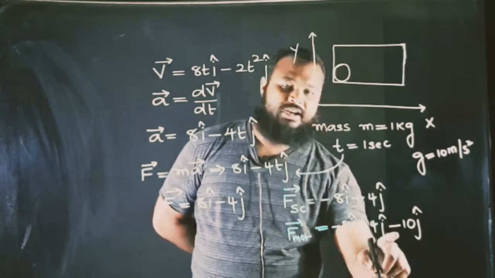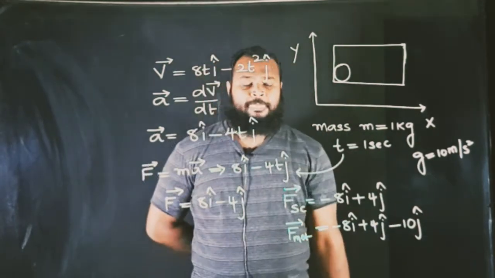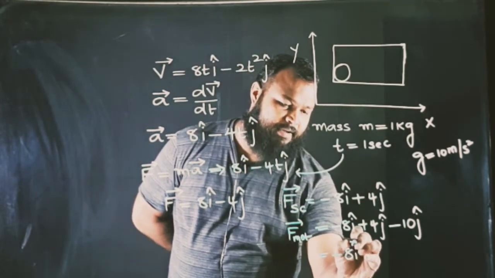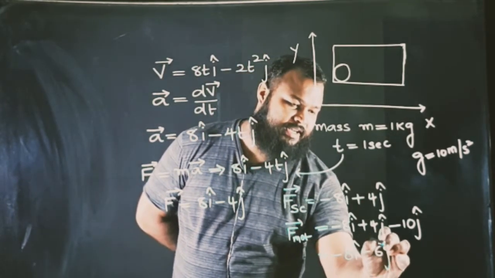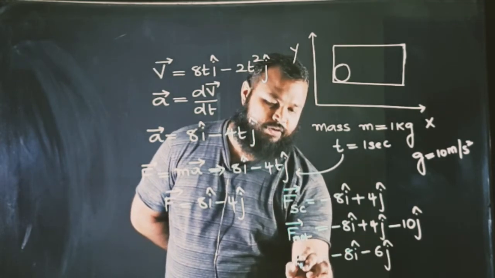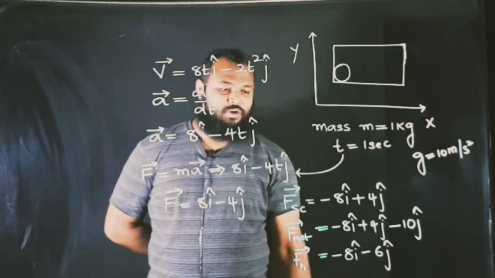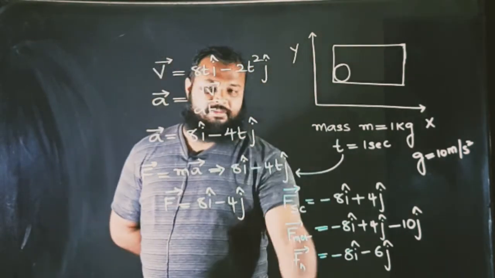The reason I wrote minus is because gravitational force is downwards. So this is minus 8 i cap minus 6 j cap, which is the net force exerted by the sphere on the cube.